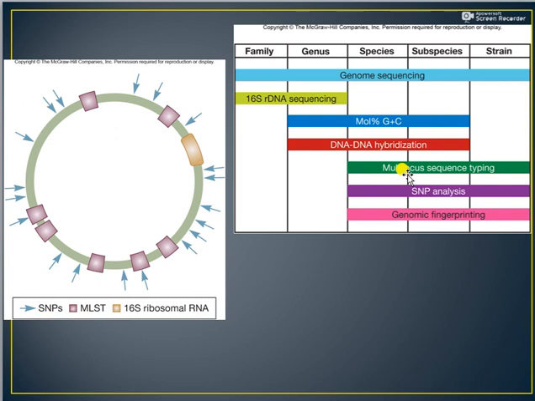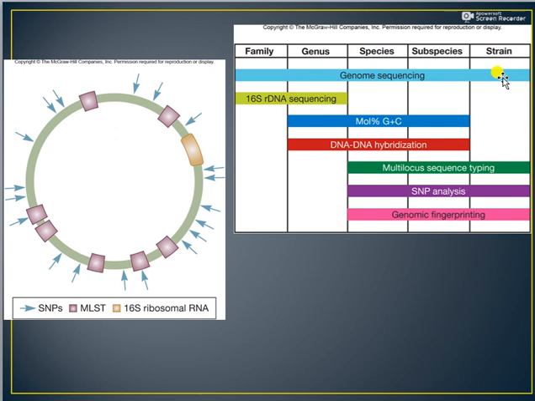Multi-locus sequence typing gives information on the species, subspecies, as well as the strain. SNP analysis and genomic fingerprinting help us identify the species, subspecies, and strain. And if you take the whole genome of a bacteria and sequence it, you can classify it into family, genus, species, subspecies, and strain.